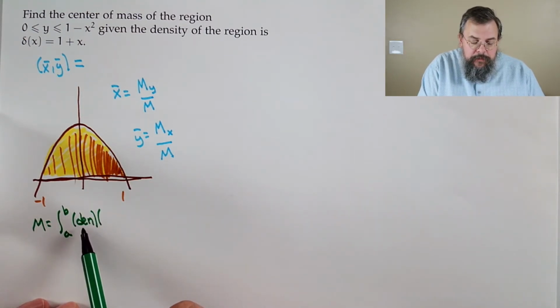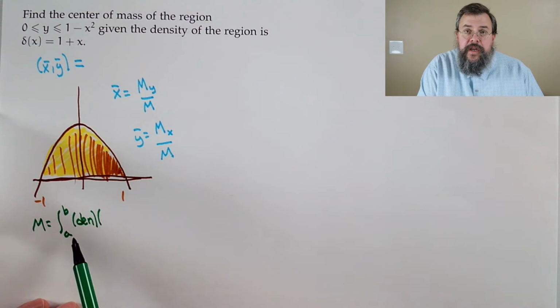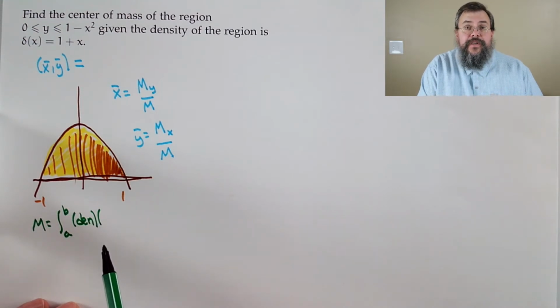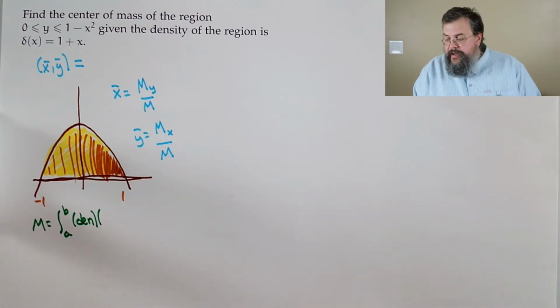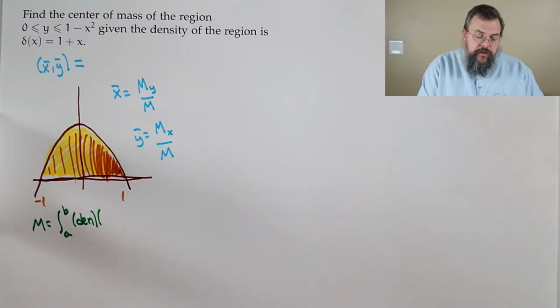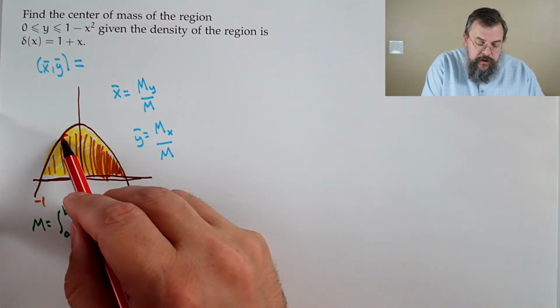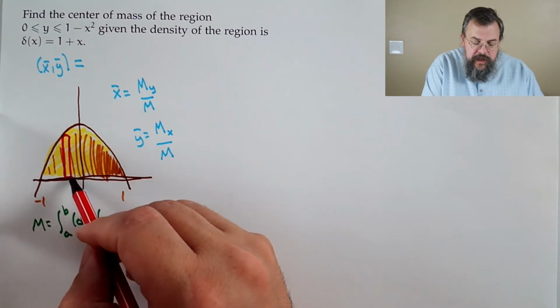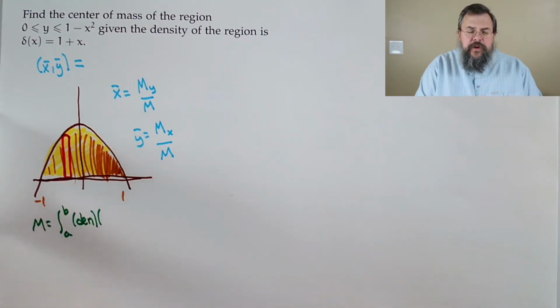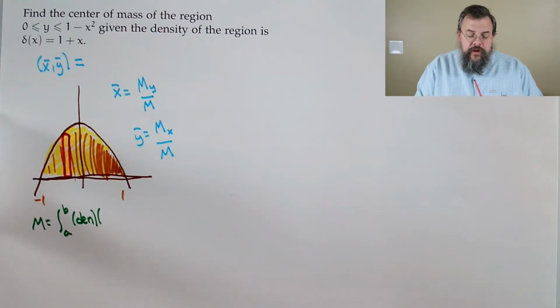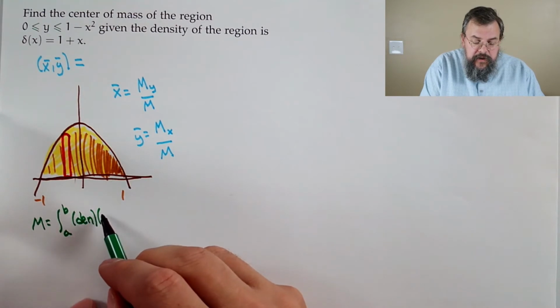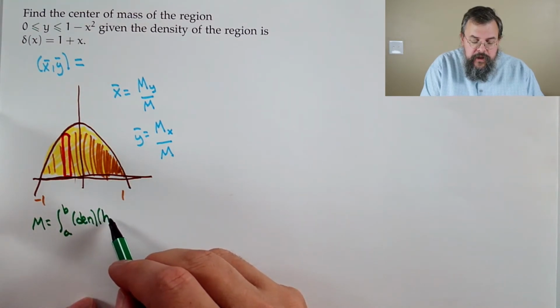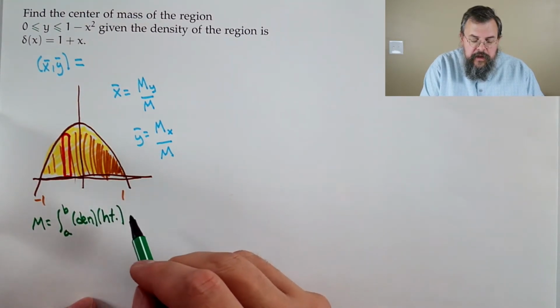So when I multiply density, I have to multiply by something two-dimensional, which is an area. And the area we should think of is what we get when we do a slice. So here's a slice, and we're going to cue off of that slice. There are two parts to it: there's a height, and there's a width.